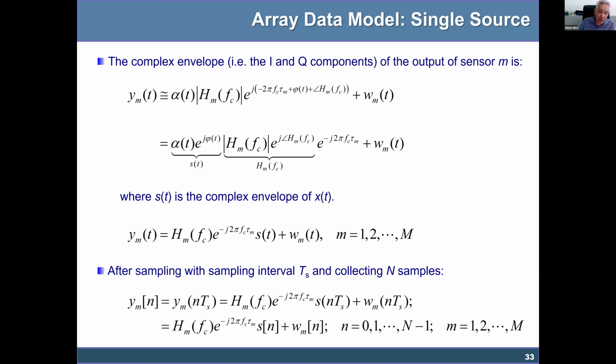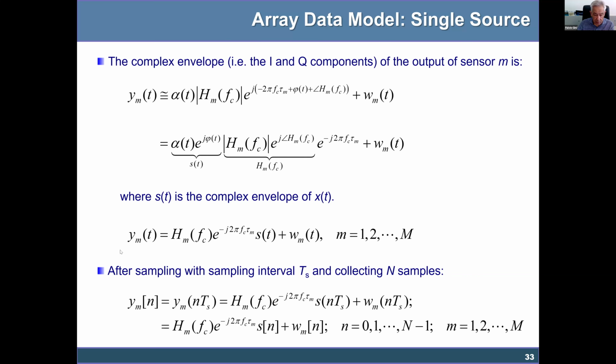I'm assuming that you know what the complex envelope of a signal is, because it's a very important tool to represent narrowband real signals, so I will not spend time defining it. I assume you have this knowledge from signal theory. And then we have the frequency response of the sensor.